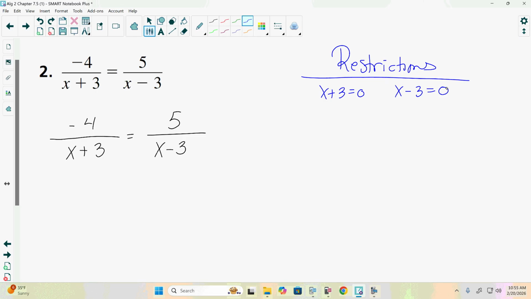Well, x plus 3, that's going to be negative 3. And if we solved it here, minus 3 tells me that if x is negative 3, the denominator would be 0. Can't have that. With our x minus 3, we would add 3, telling me that if x is positive 3, the denominator would be 0. That does not work. Neither one of these values would work. They would be our restrictions.